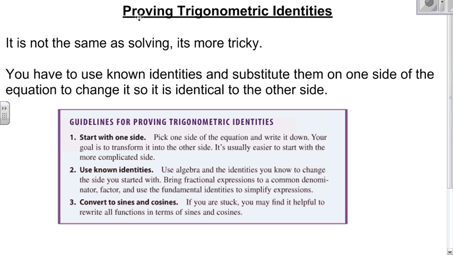So next we're going to move on and talk about proving an identity. These problems are going to look like they're equations, but it's not the same as solving an equation. It's a little bit trickier. There's not a set of routine steps that you can follow through with.